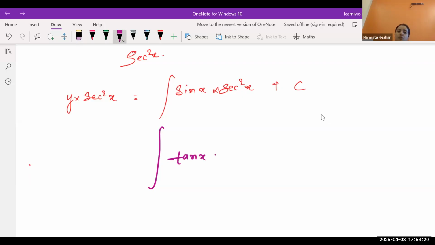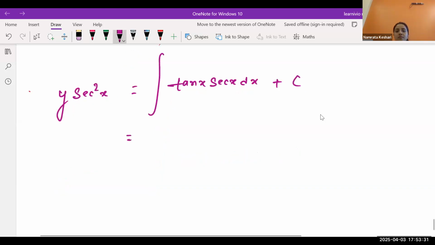Integration of tan x sec x is sec x. If sec square x is there, the integration is just tan x, right?